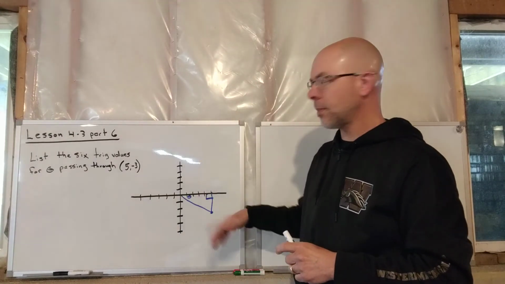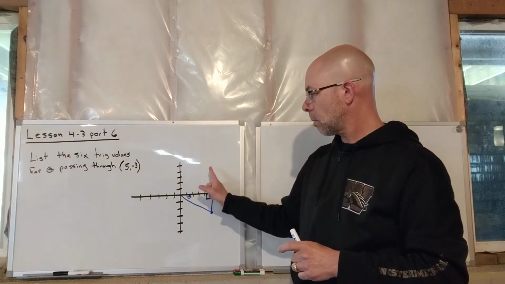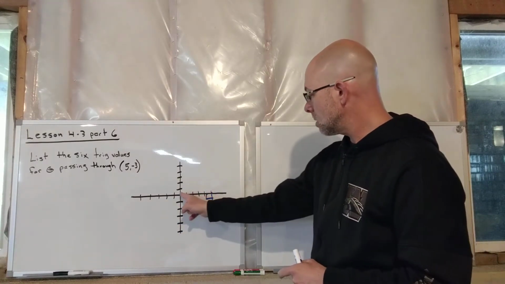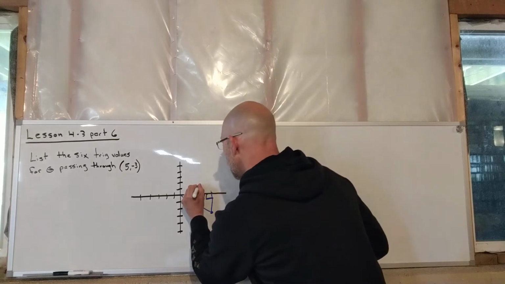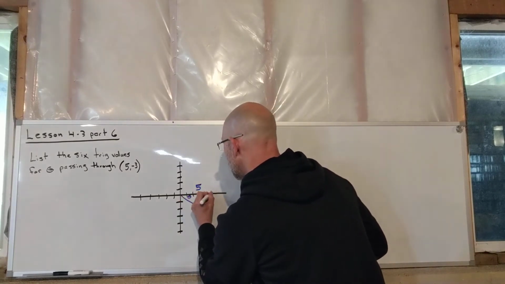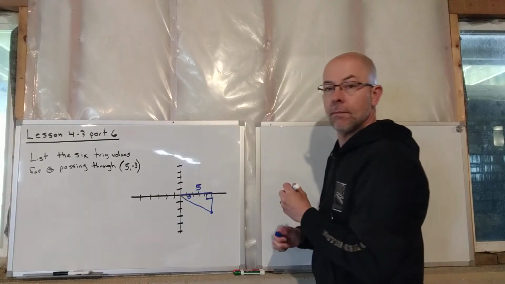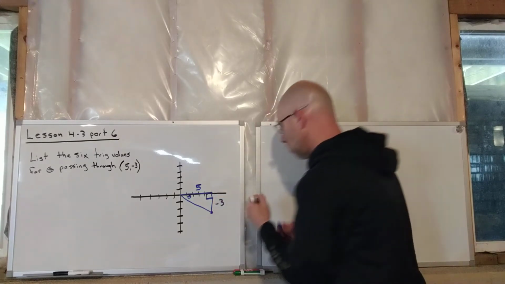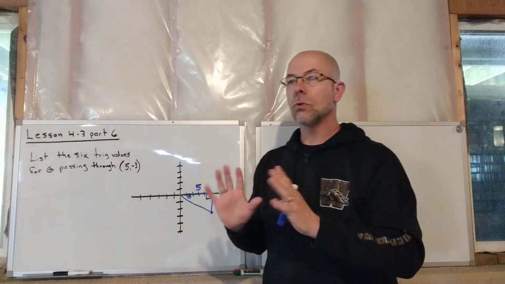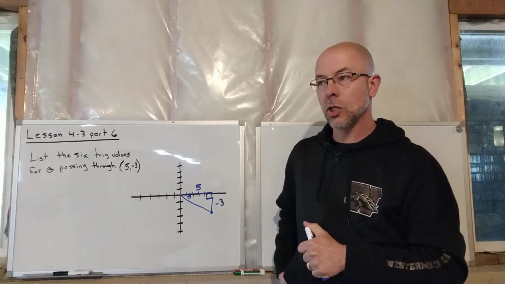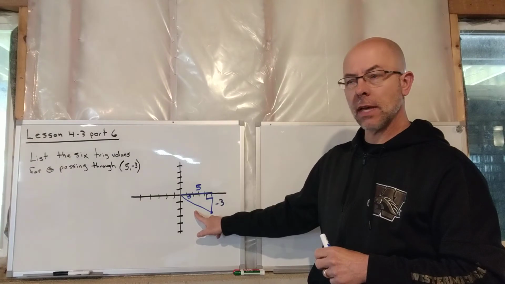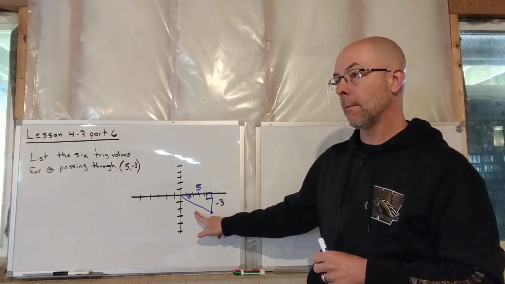Now I'm going to label a couple things and I'll tell you what you got to do, but I'm going to explain, well, what happens if I'm in the other quadrants? You follow the directions. But anyway, this is 5 to the right, so that length of that side right there is 5. This is down 3. I must call this negative 3 to keep pluses and minuses in check. You and I need to find this hypotenuse in a second. We're going to do that with the Pythagorean theorem.